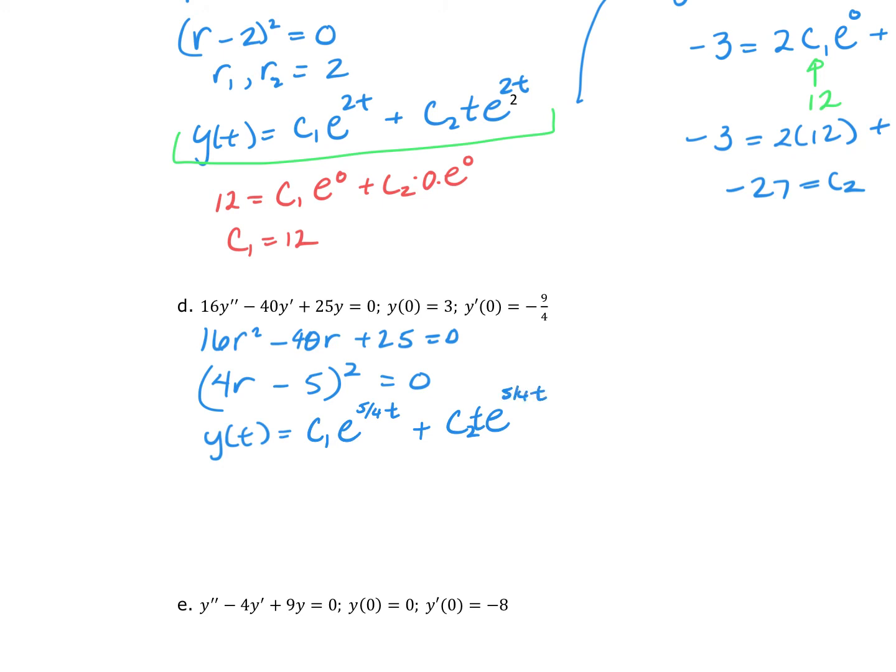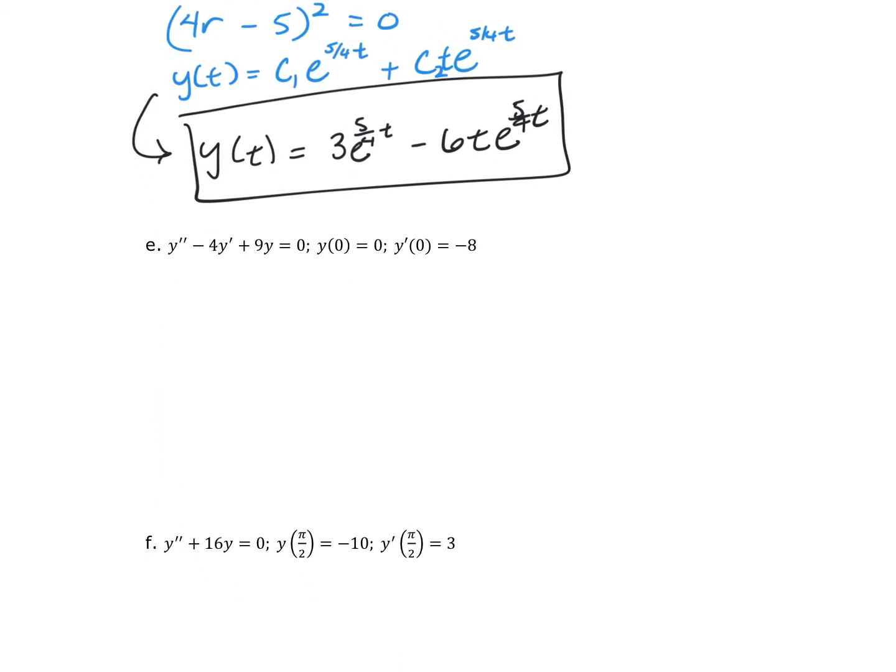And I'm just going to give you the solution to this particular initial value. When you get done, and of course we can do this in class, I end up with y of t is equal to 3e raised to the 5 fourths t minus 6t e raised to the 5 fourths t.